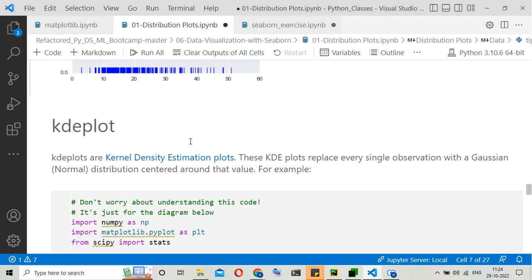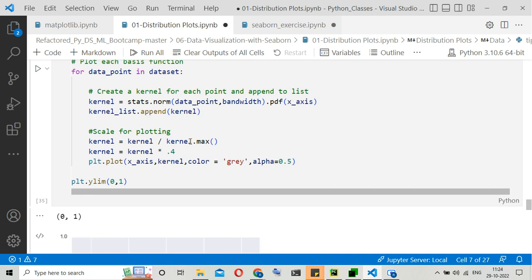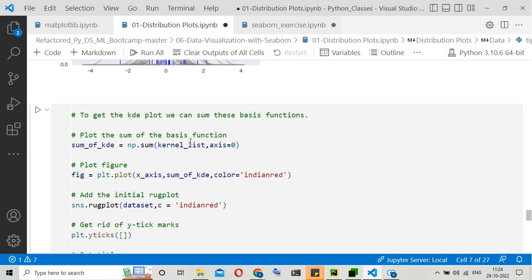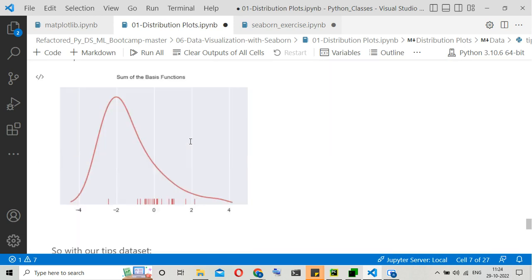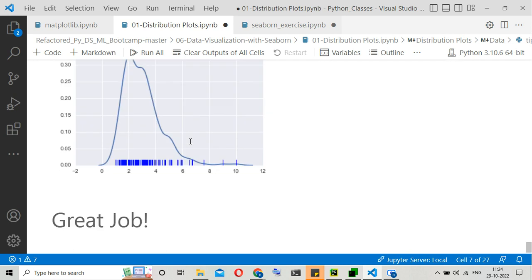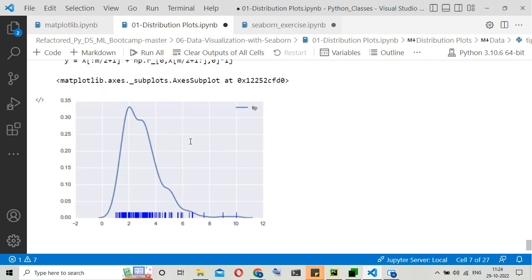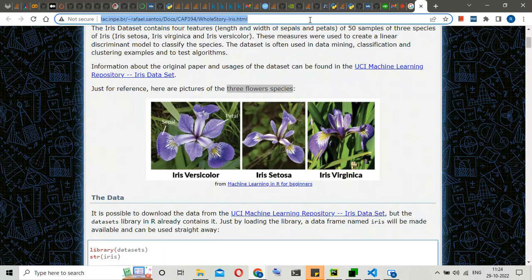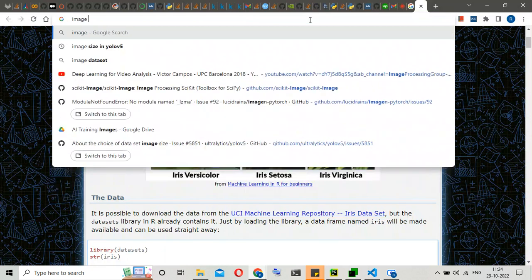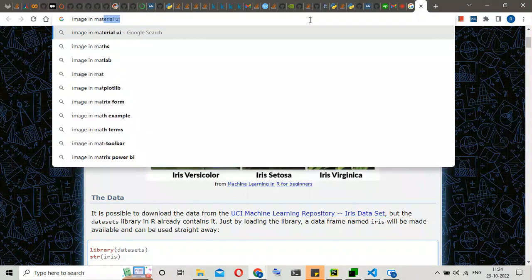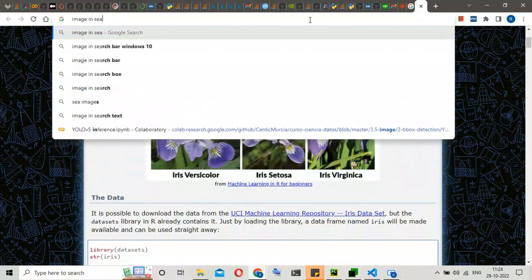Actually, can we plot images also, or is it only for numbers? Yes, with images you can also do some plots. There are different types of images, and you will convert them into RGB format, using image in Matplotlib or image in Seaborn.